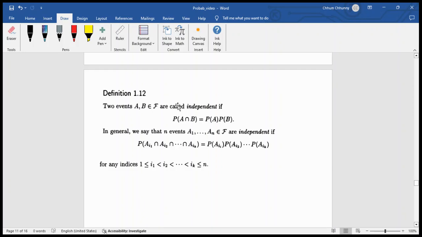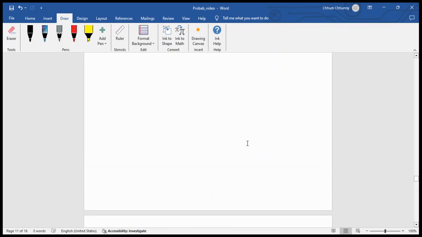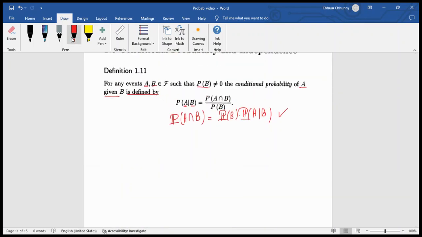In definition 1.12, if we have two events A and B, as in the previous definition, we call these two events independent if the probability of A intersect B is equal to the probability of A multiplied with the probability of B. So it means that in the case of independent events, the probability of A given B is equal to the probability of A if A and B are independent.